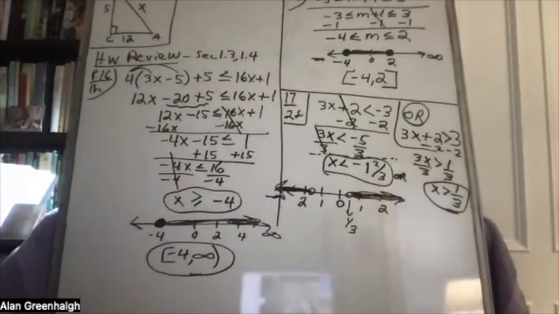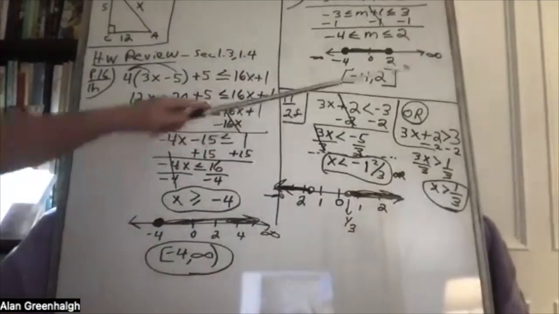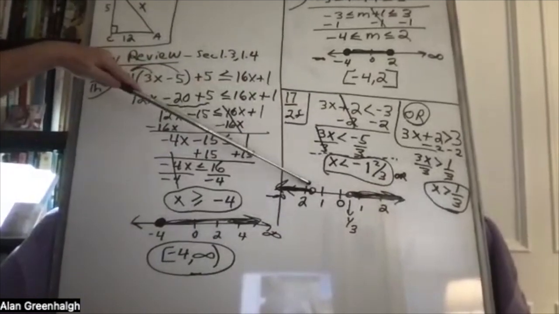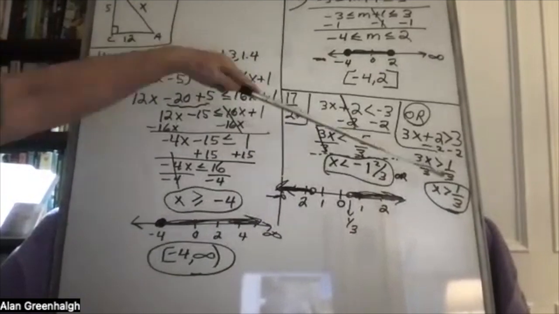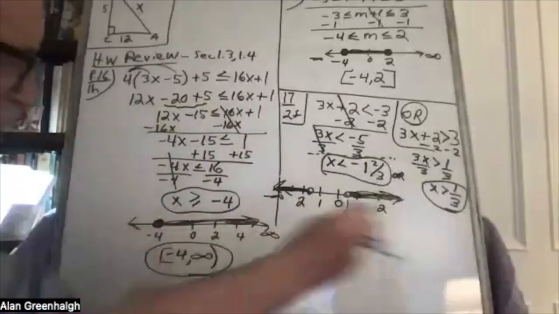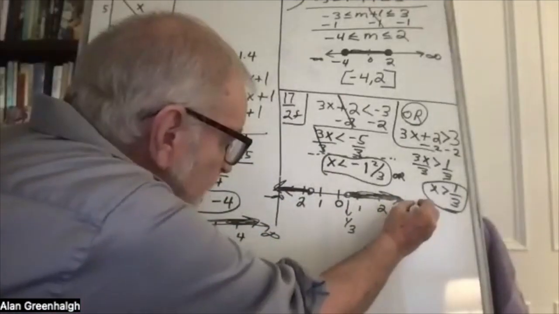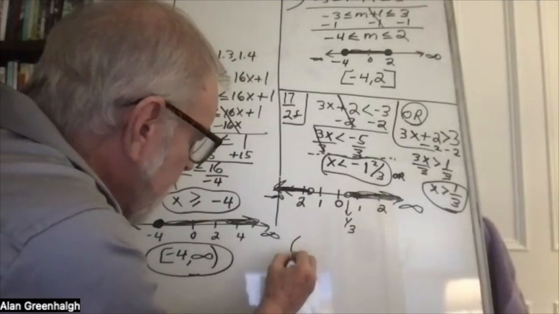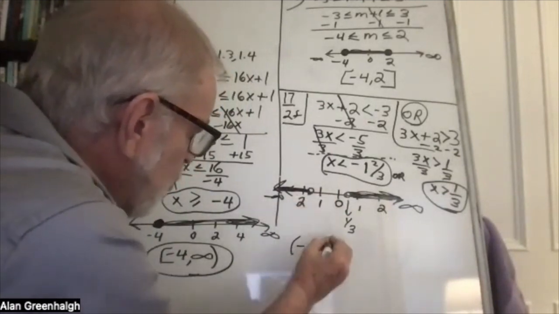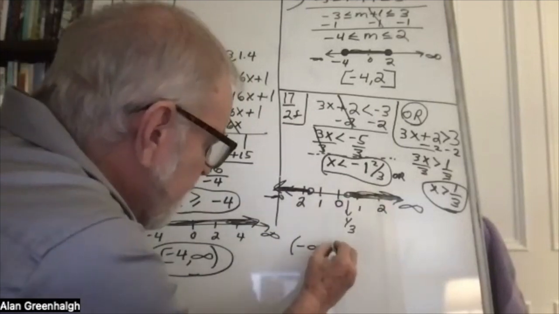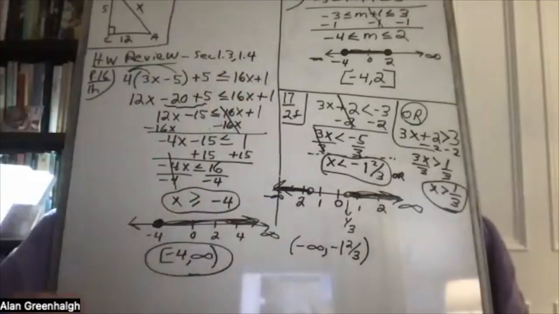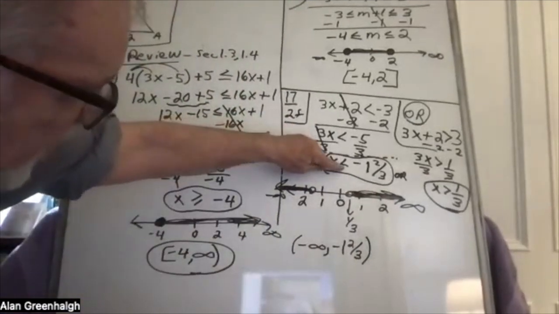So as I said earlier, the word or is telling us that one of these things is going this way and the other one is going in the opposite direction. The or tells us the solutions are going to go like that. And in terms of interval notation, it will be -∞ to -1 2/3, open parentheses, because there's no line under there.